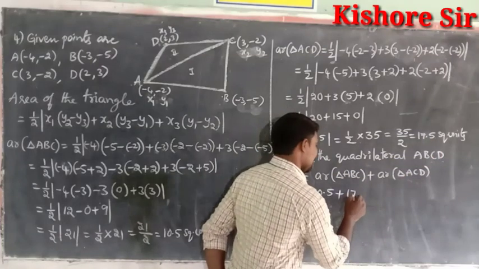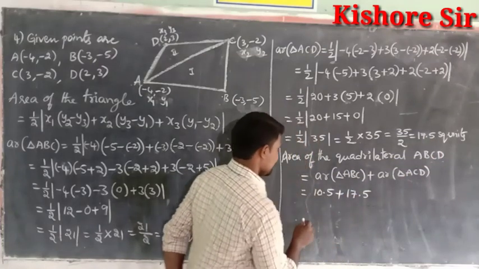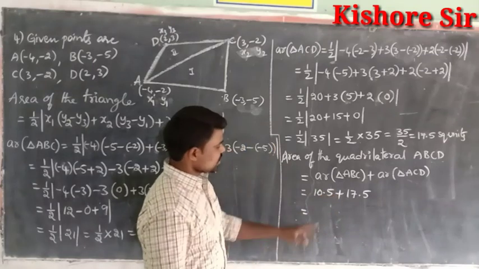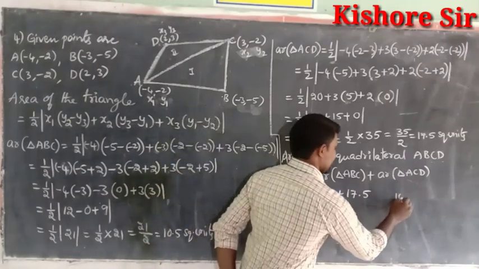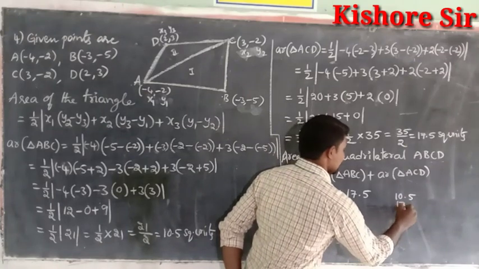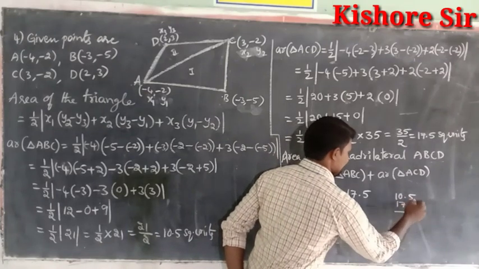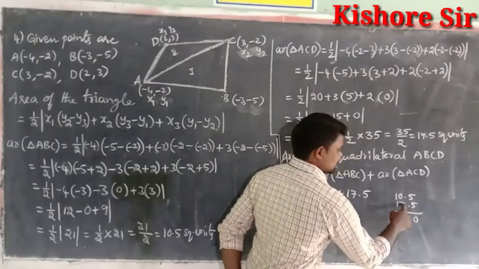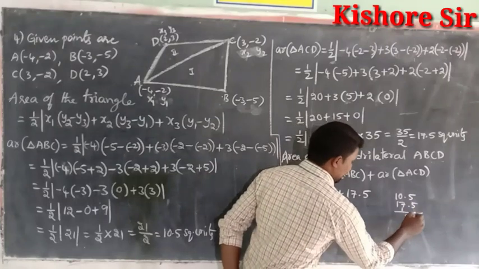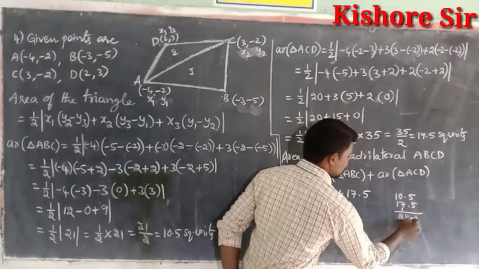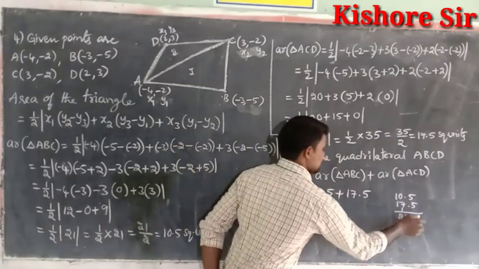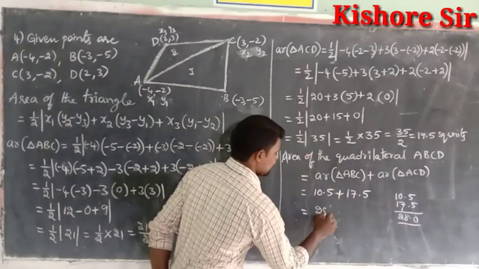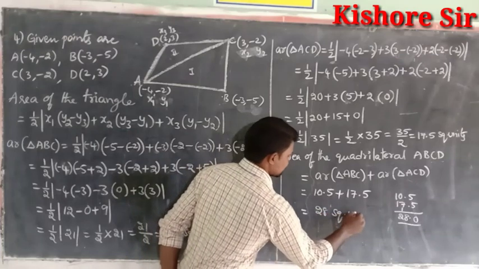So that is equal to 10.5 plus 17.5. 5 plus 5 is 10, 7 plus 1 is 8, 1 plus 1 is 2. That is 28.0, which means 28 square units.